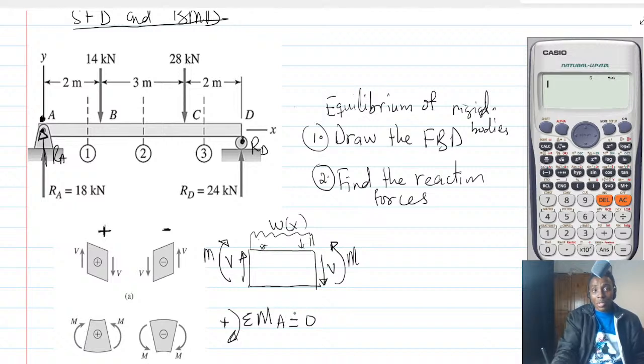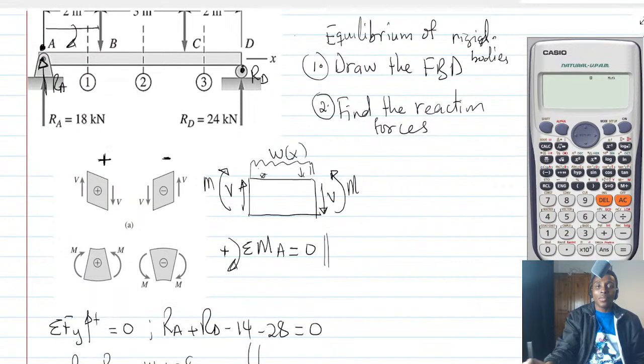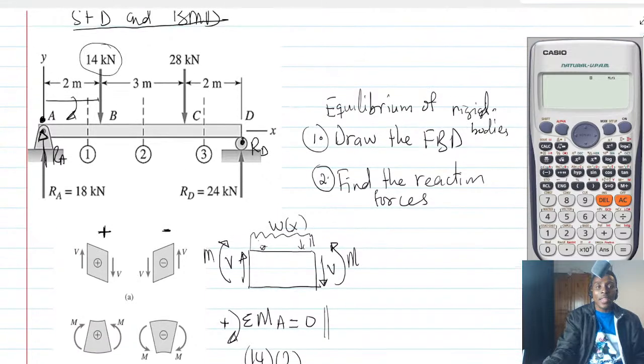So now let's start. 14 kilonewton multiplied by 2, and then it's going clockwise. So 14 multiplied by 2, right? And then 28 multiplied by what? 5, right?